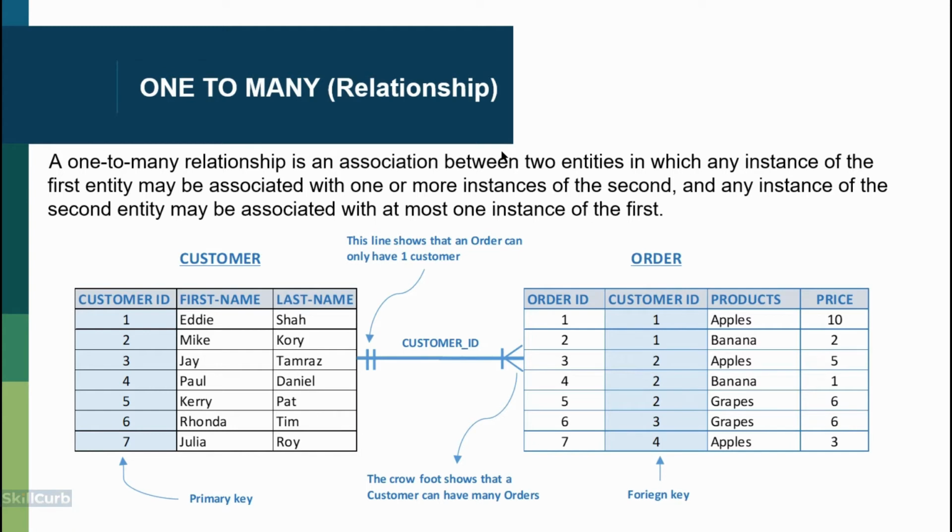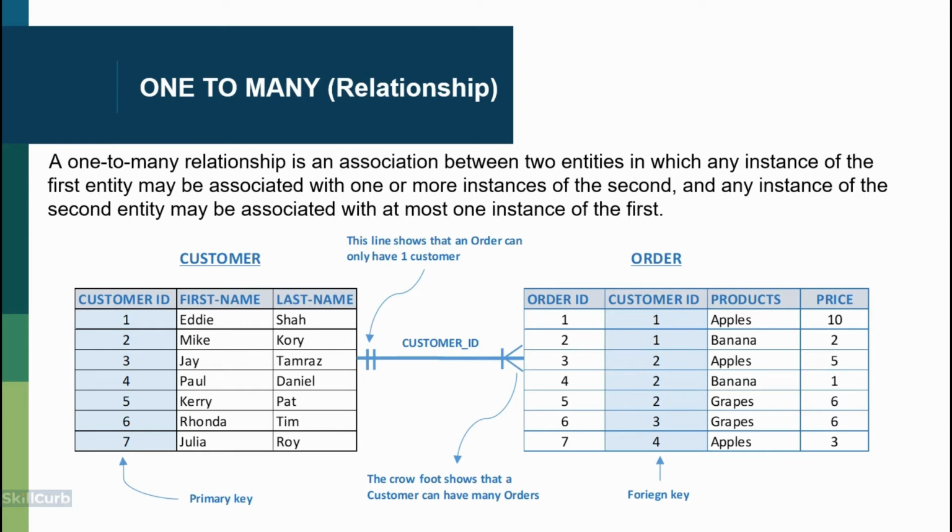And if you go with that mindset, if you look at the relationship in the middle between these two tables, we have a vertical line on the left, meaning that the order can have only one customer. On the right, we have a crowfoot depicting the many portion of the relationship with the vertical bar depicting at least one. So the customer can have at least one order or many.